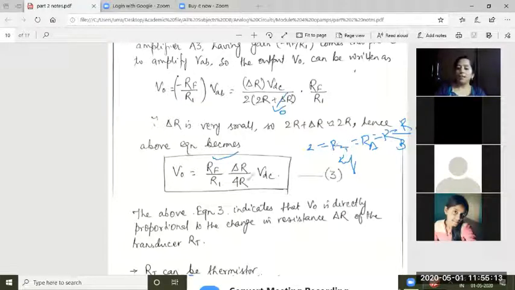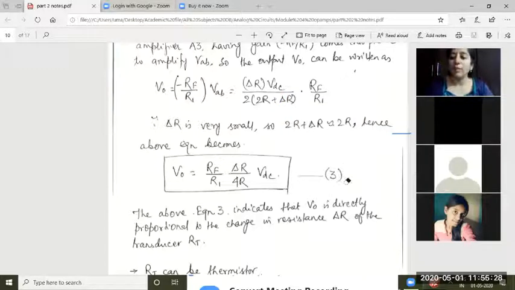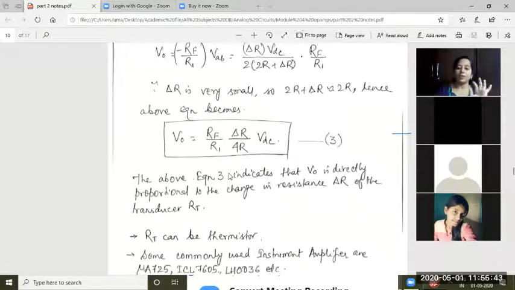All these are equal to R, and 4 times that R will be there in the denominator. Delta R will be there in the numerator. VDC is the DC excitation which we apply to the bridge. So this gives us the final expression for output voltage of an instrumentation amplifier in terms of the changing value of resistance which is present in the sensor which is connected in one arm of the Wheatstone's bridge.